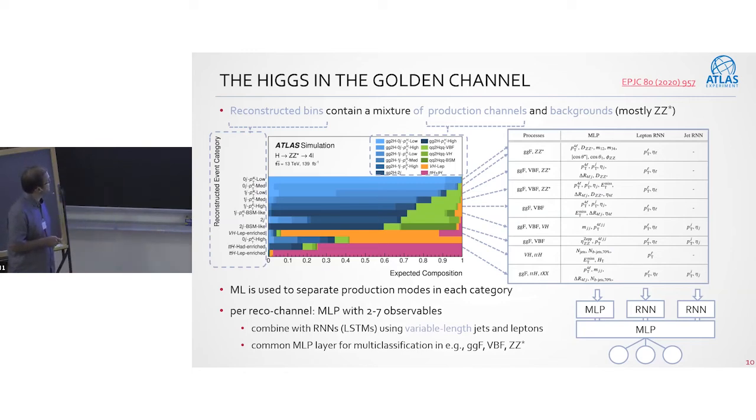These neural networks, so this configuration that is listed here in each of the reconstruction bins, I was going to explain it, so it's a good moment to explain it now. It learns to separate the production processes that are listed here.